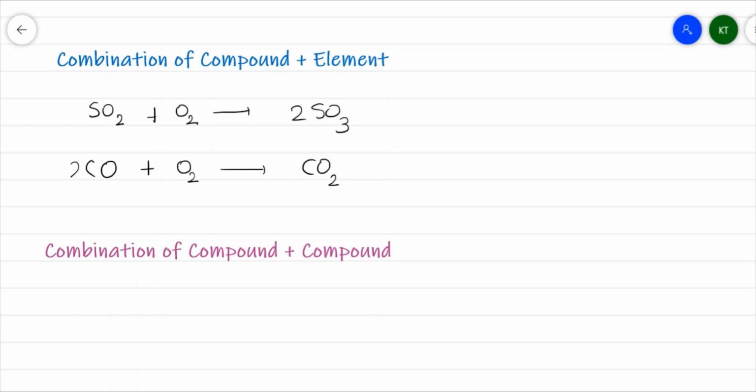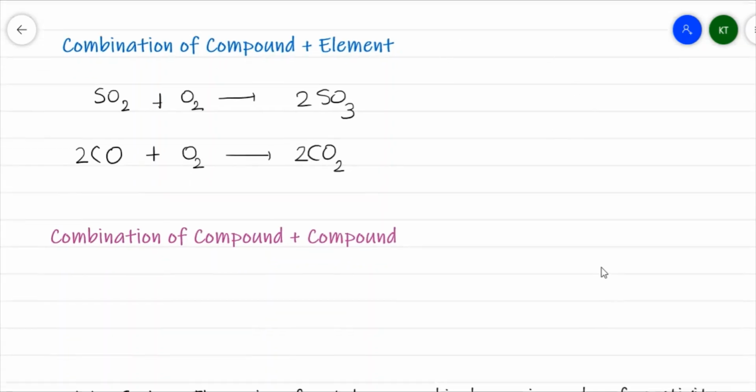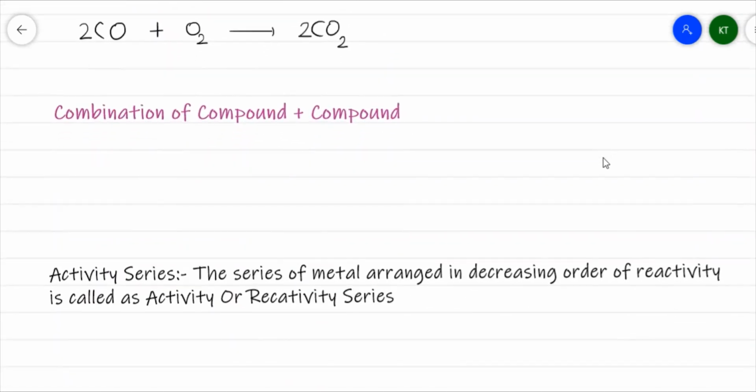So here a compound combines with an element to give a single product. Let me now take a combination between two compounds.